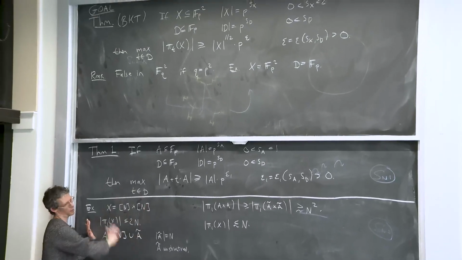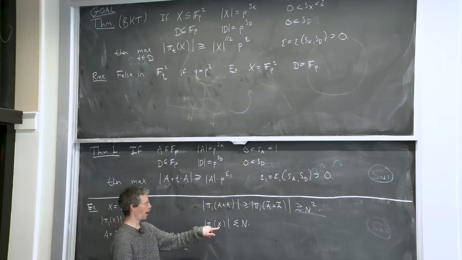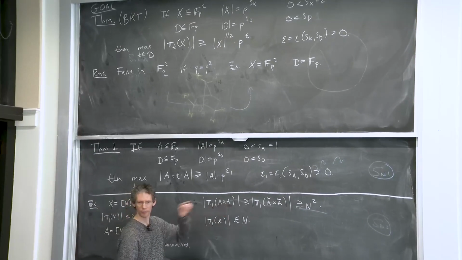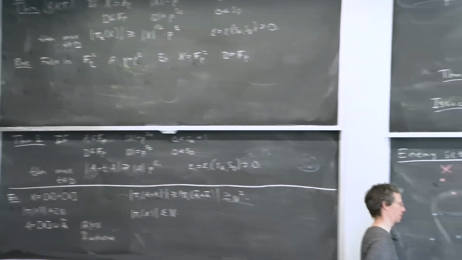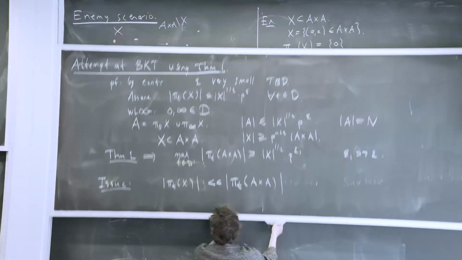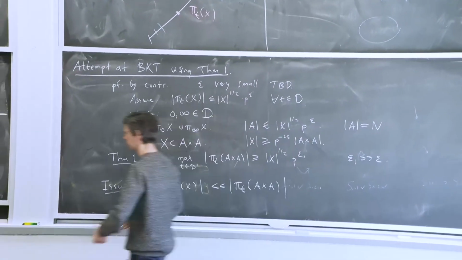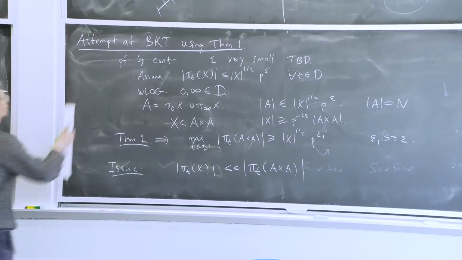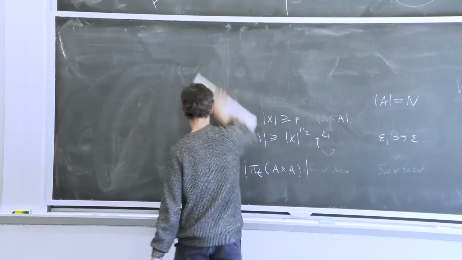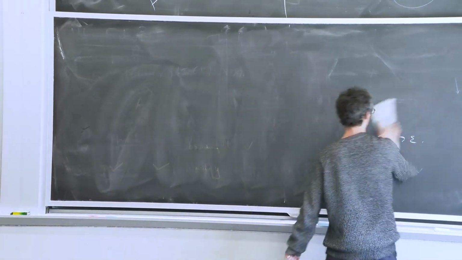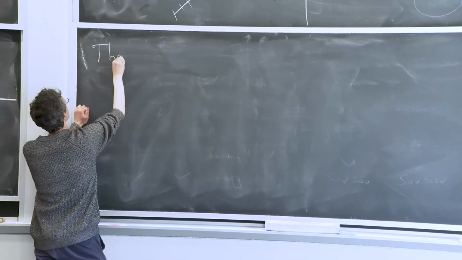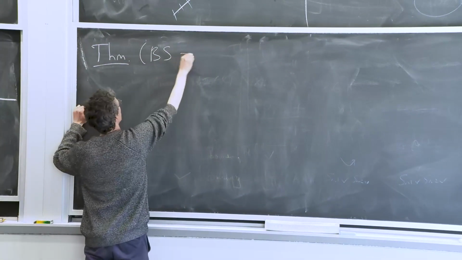And it says that this example is pretty much the only way that pi 1 of x could be much smaller than pi 1 of A cross A. This is called the Balog-Szemerédi-Gowers theorem.